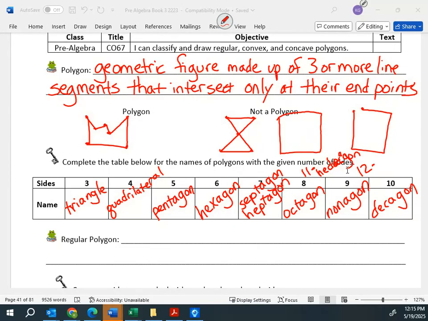And the 12-sided figure is a dodecagon. Dodecagon. So we've got a decagon and a dodecagon.